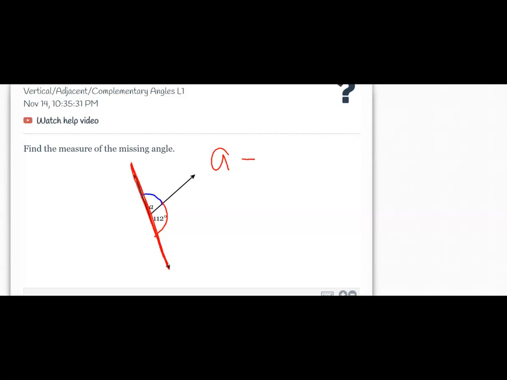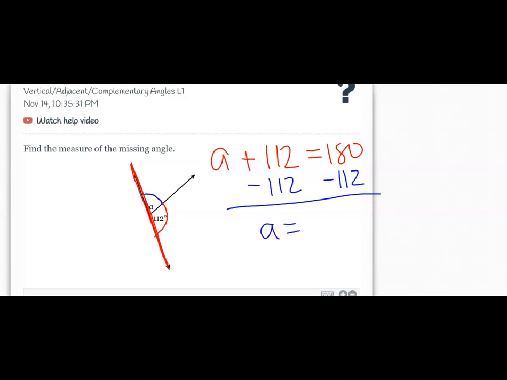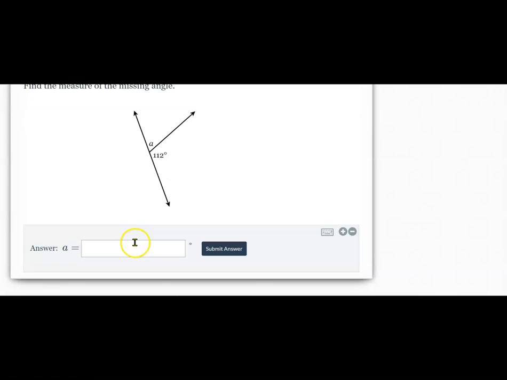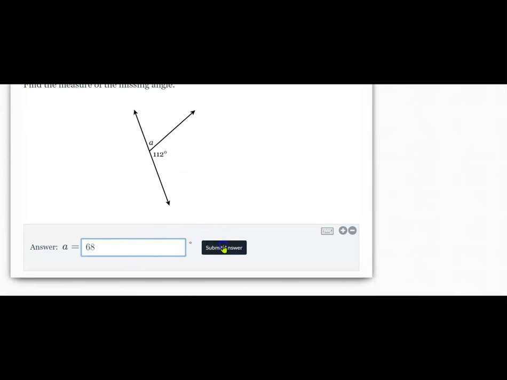So therefore, if I add them together, they would make that 180-degree angle. Use your inverse operations to solve. Use your calculator to assist. Type your answer in the box.